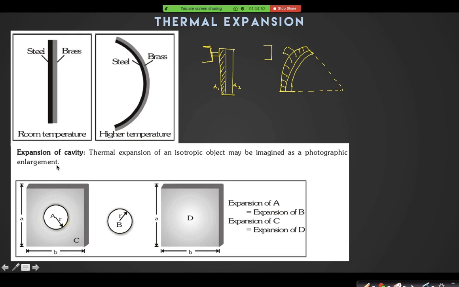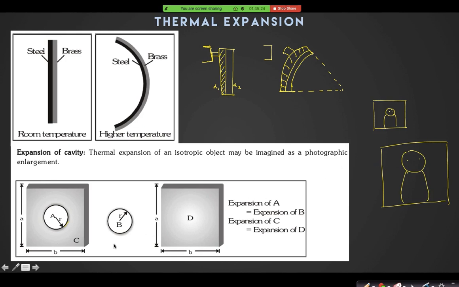What do I mean by photographic enlargement? If you have a passport size photo and you enlarge it, zoom, you will find that it is not that your photo remains the same and only something else increases. Everything will increase proportionately, so the distance between two eyes has also increased.